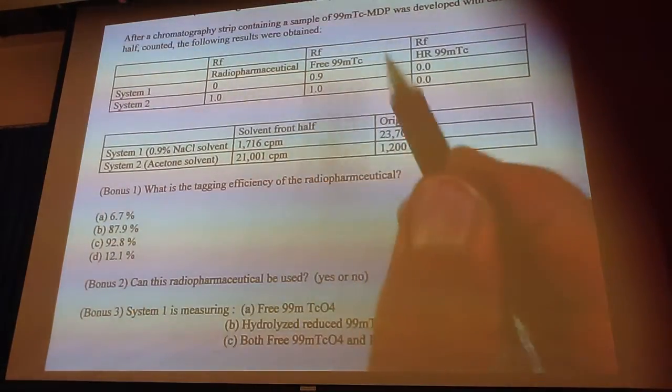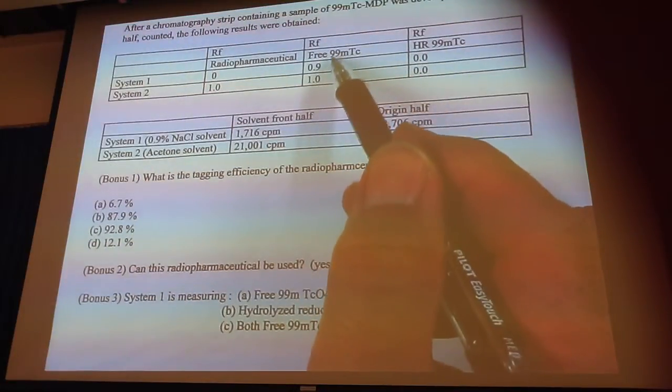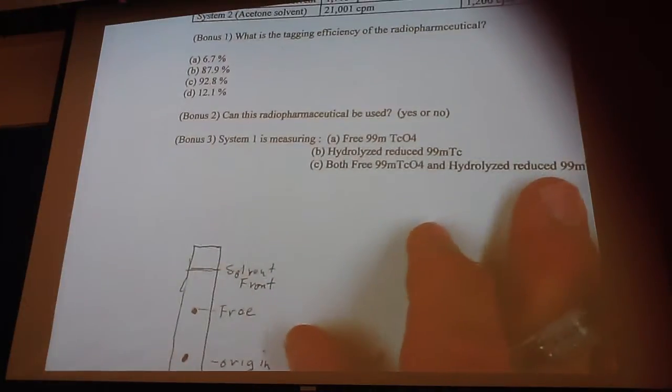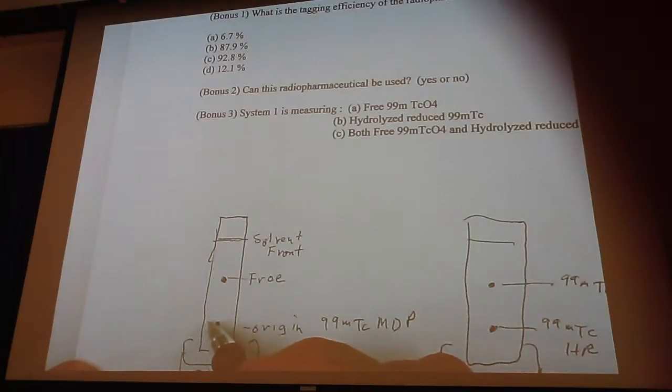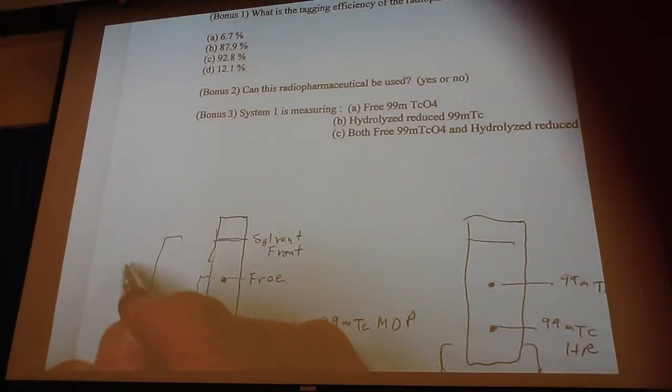Okay. But on this thing here, we measure the distance that the technetium travels from the origin to the solvent point. So for the technetium here, we measure the distance from here to here. So let's just say that that's 9 centimeters, and then the distance from the origin to the solvent front is 10 centimeters.